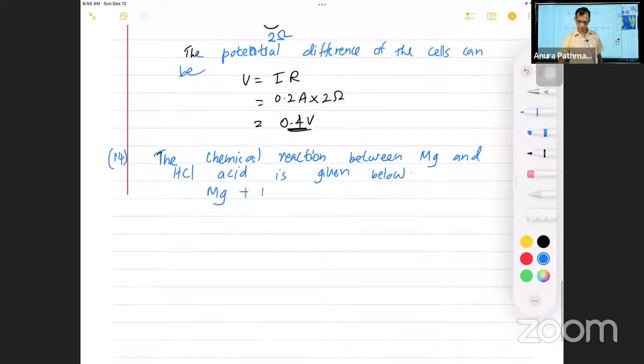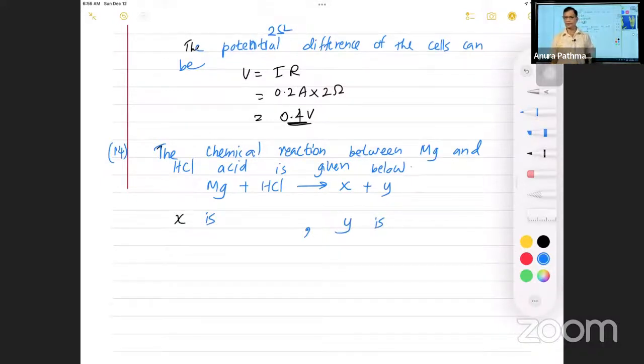Magnesium reacts with hydrochloric acid to make X plus Y. X is, comma, Y is. What is X? MgCl2. Y is H2. Correct.